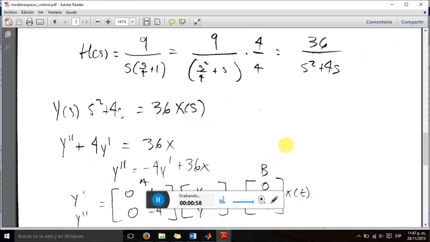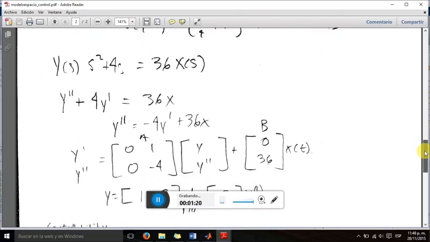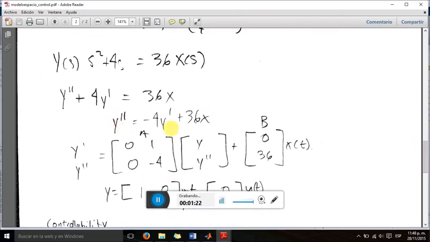Okay, so the next step is to obtain the transfer function of the system. We have the output and the input. We perform some operations just to eliminate this fraction in s, and we equal the system to this one.